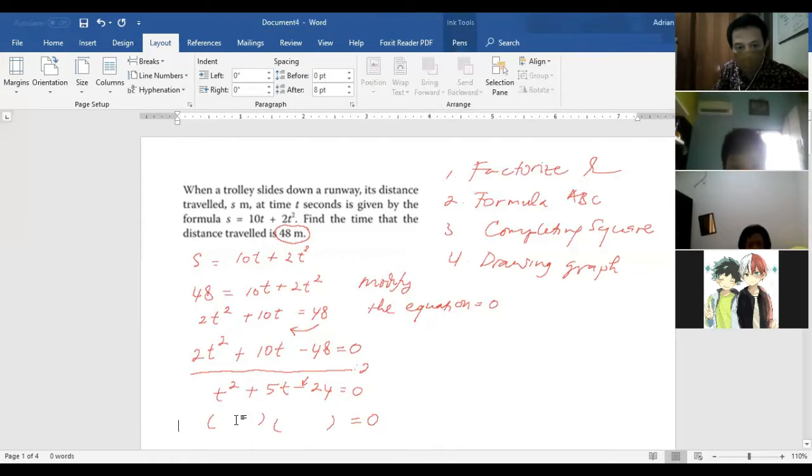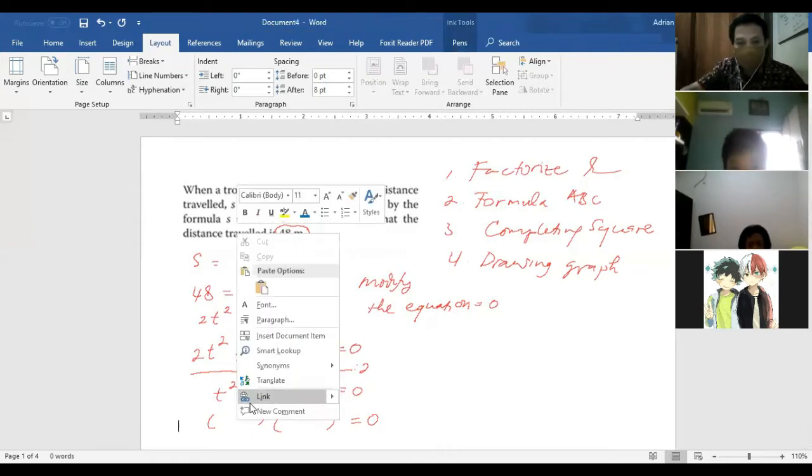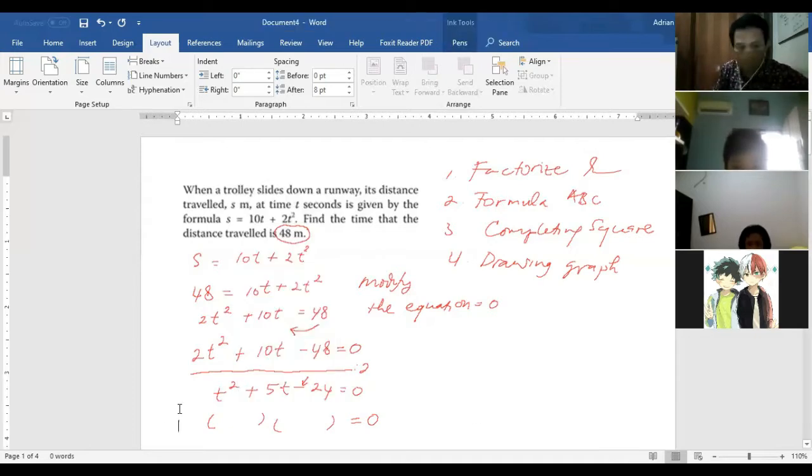I think you have to put here negative, and this one is positive, right? And then t squared is t times t, correct? T and t.